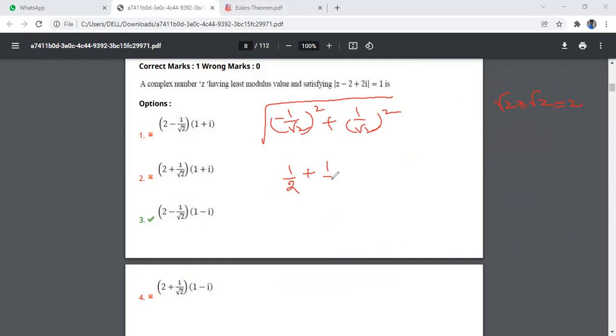This again 1 by 2. What, 1 by 2 plus 1 by 2? If denominators are same, we have to take the same denominator and add the numerators. 2 by 2, that is 1. So we got 1 only, no? You just have to substitute in place of z. Very easy. Okay. Next.